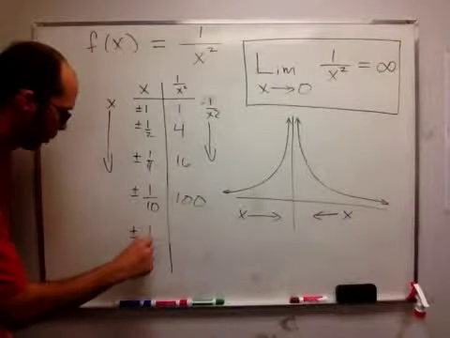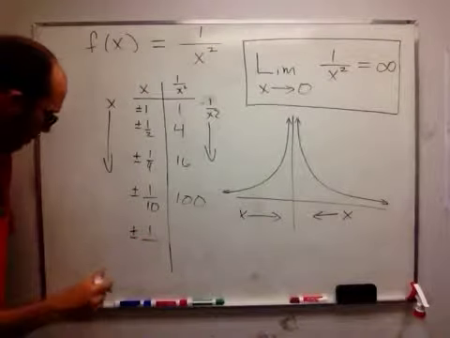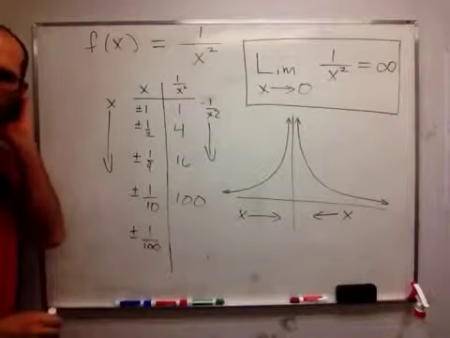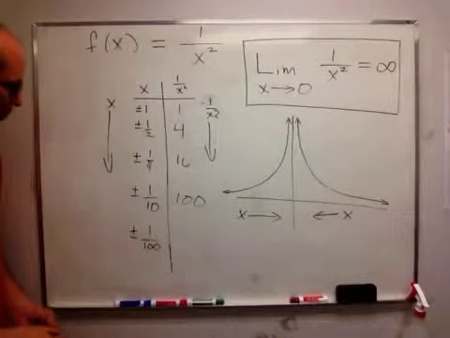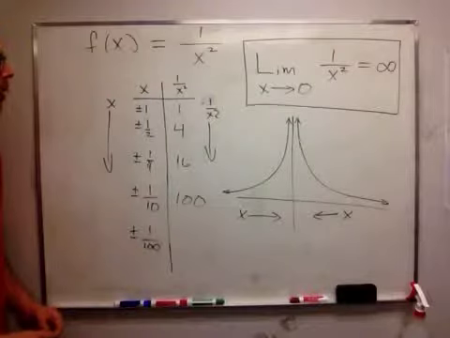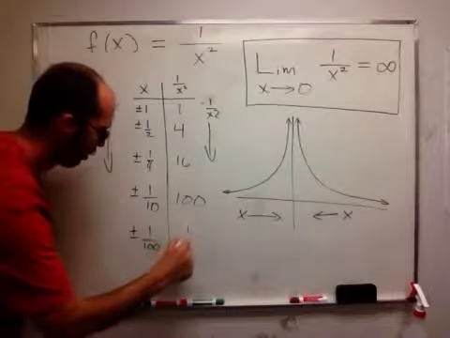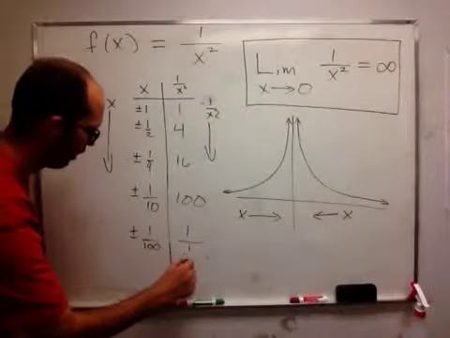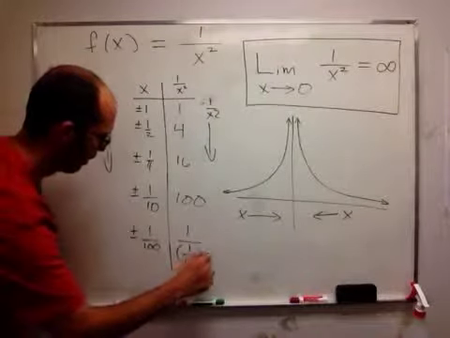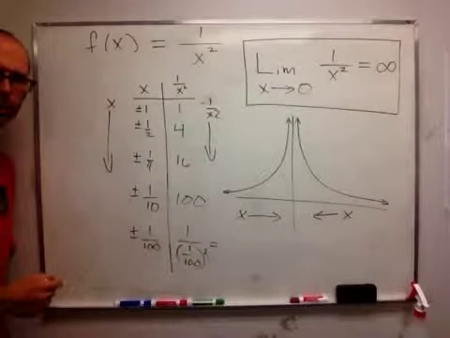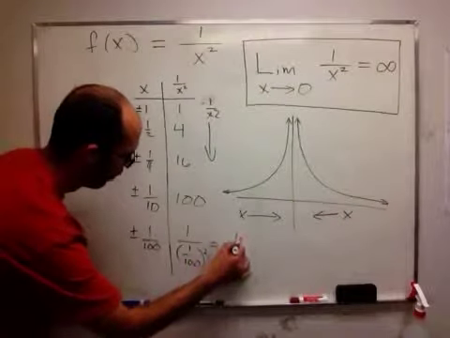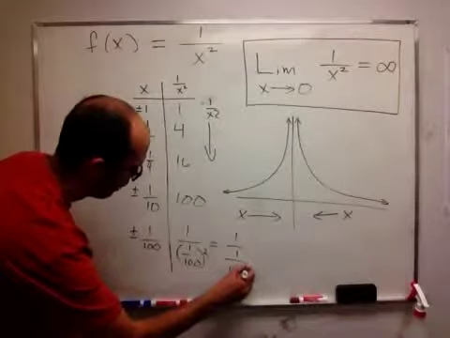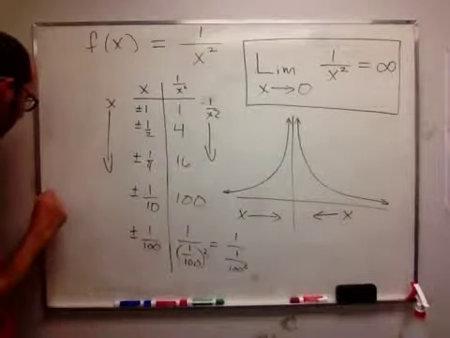As x gets closer to 0, let's see, what would be another one? Plus or minus 1/100th. Putting that into our function, we have 1 over 1/100th squared. So that's going to be 1 over 1 over 100 squared. Let's see, what's 100 squared?